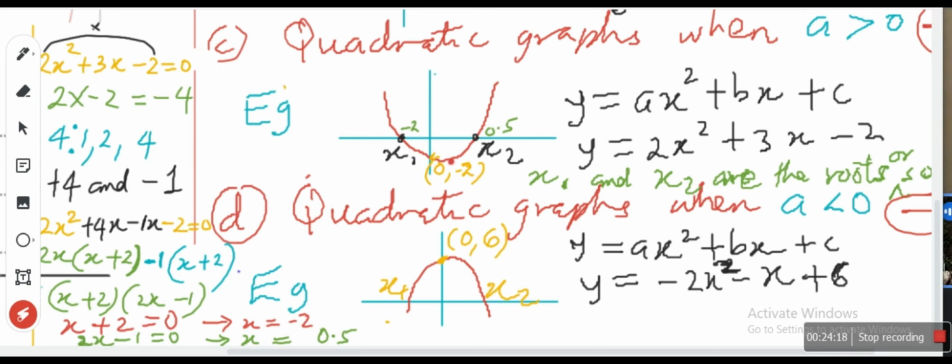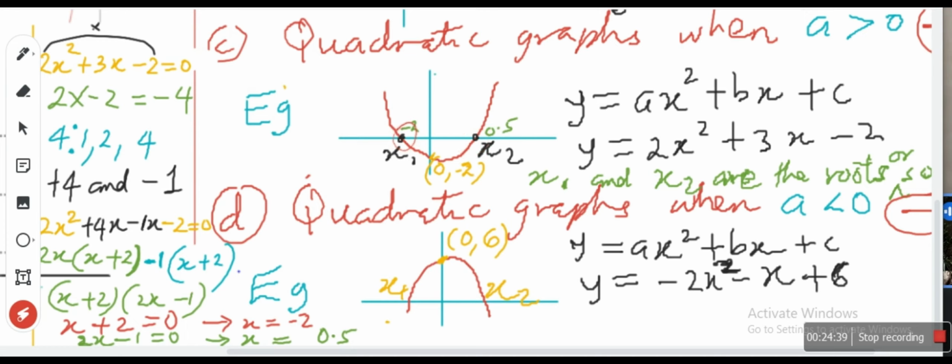And then the final thing would have been to find the coordinate of the turning point. We've done that in another lesson. To sketch the graph of a quadratic function, just to remind you, you need to find the roots where the graph cuts the x-axis.